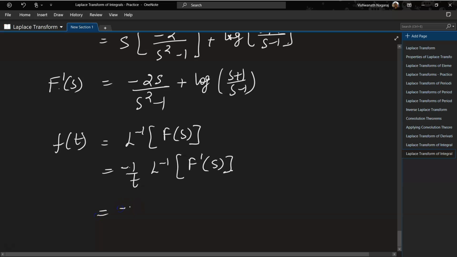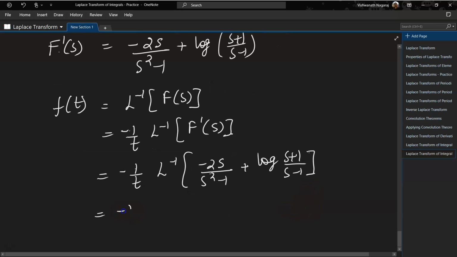So which means what? This becomes minus 1 by t, the Laplace inverse of minus 2s by s square minus 1 plus log of s plus 1 by s minus 1. Let's take the minus inside.